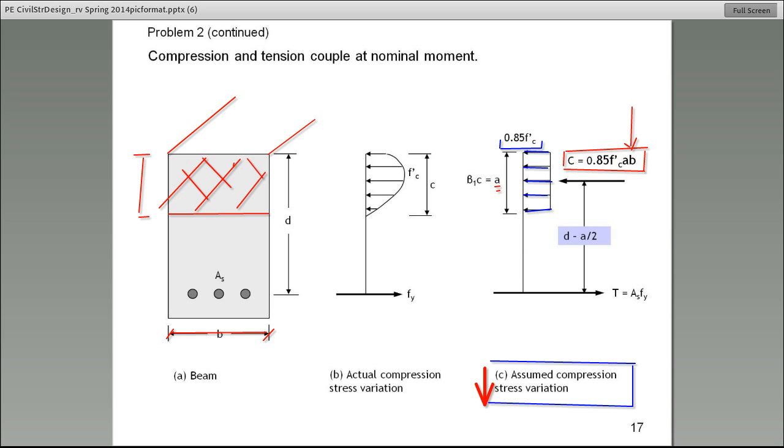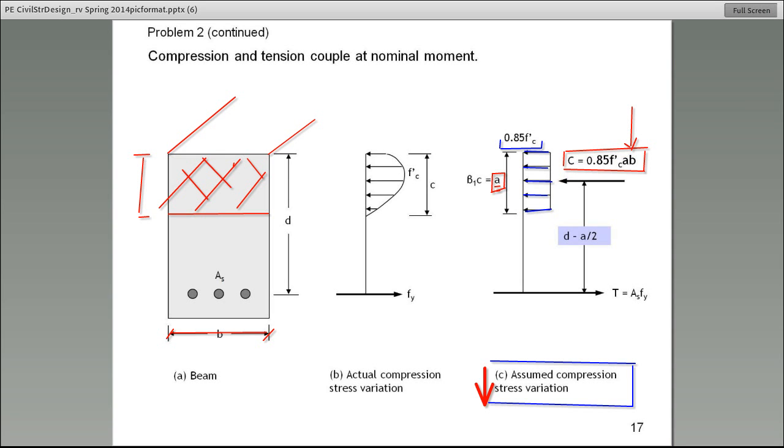So big C, capital C, is the total compressive force, and it's equal to 0.85 F prime C times A times B. All right? Now, this A, we really don't know what that is. We have to calculate the value of A. And it's called the depth of the stress block. The depth of the stress block.